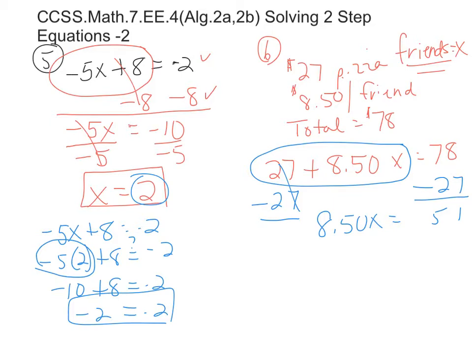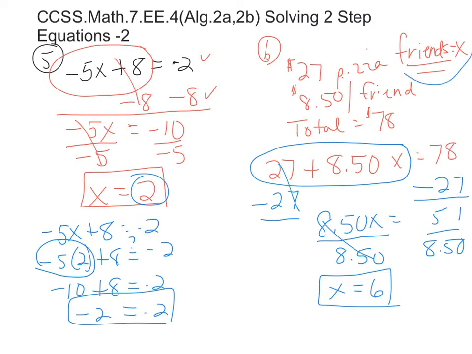So now we come back over here, and we have 8.50 being multiplied, so we divide by 8.50 on both sides. And we're left with x equals, and if you stop, drop, divide, you will get 6. So x means there were 6 friends, because the friends are x here. All right, so 6 friends went.